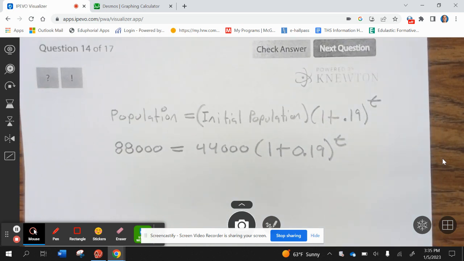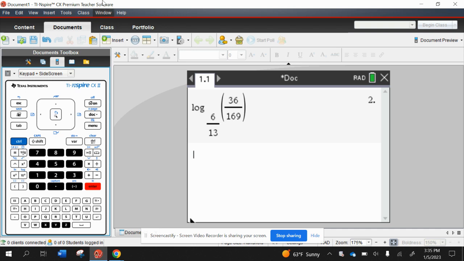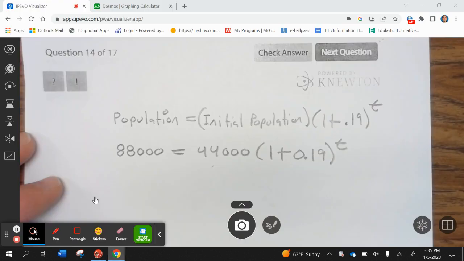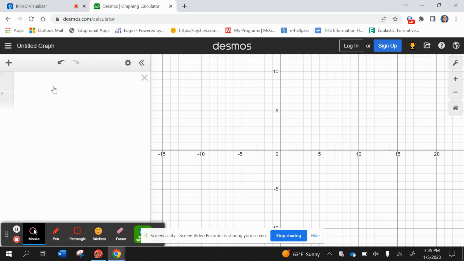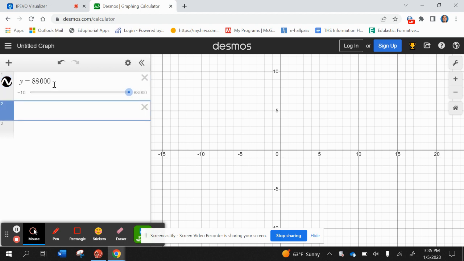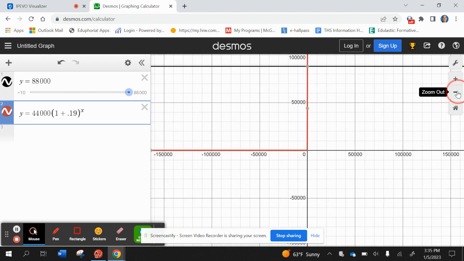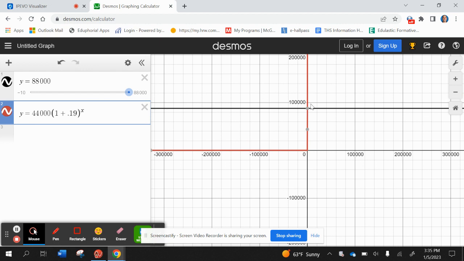Now, these numbers are quite big, and you can honestly graph this as is to find the solution. So let's do that. We don't want the calculator, we want Desmos. So I'm going to graph y equals 88,000 and y equals 44,000 times (1 plus 0.19) to the x power. We're going to have to zoom out to get to 88,000, so that's quite a ways to go. All right, we're there. We can see the intersection.